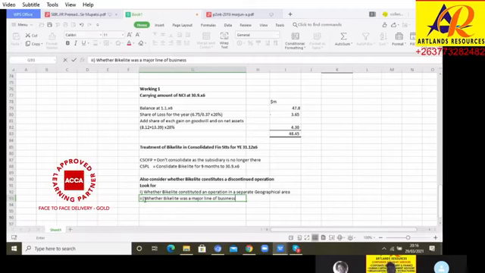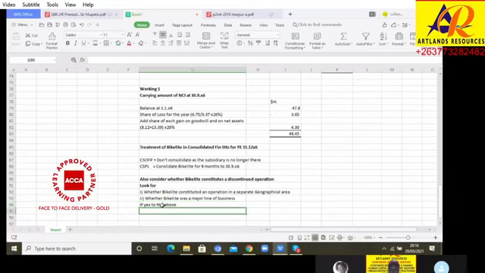If yes to the above, then bike light is a discontinued operation. Now, once you realize that bike light is a discontinued operation, you then need not to consolidate it. You disclose it.